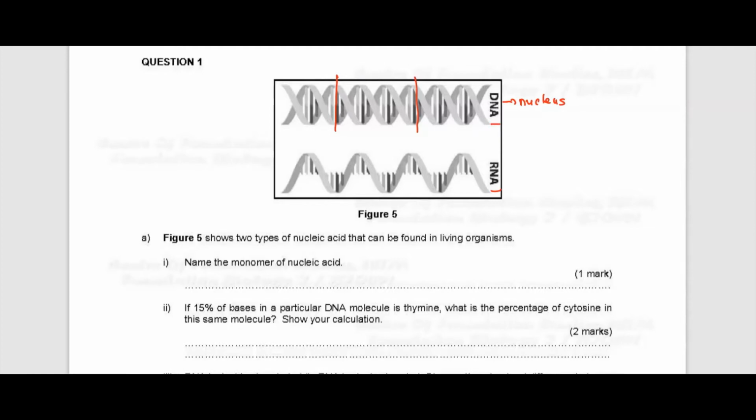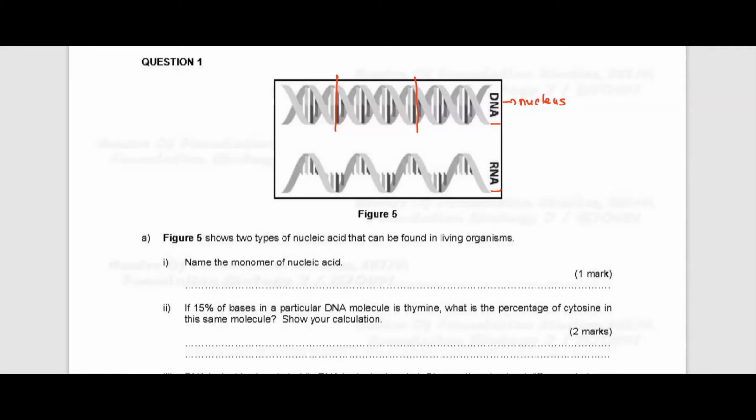These genes will code for the synthesis of a specific protein. But the synthesis of the protein will occur in the cytoplasm. So this information, which is stored in the large molecule of DNA in the nucleus, has to be copied into a smaller form, which is in the form of RNA.